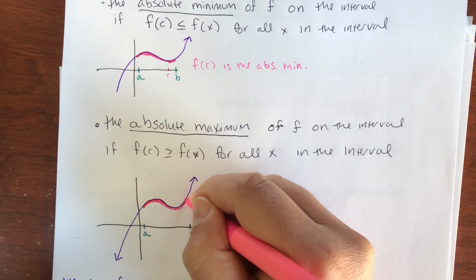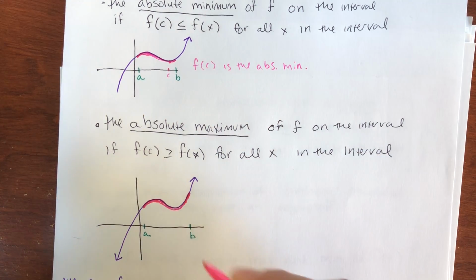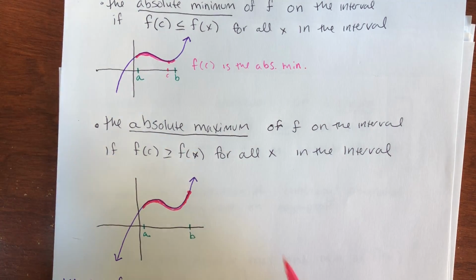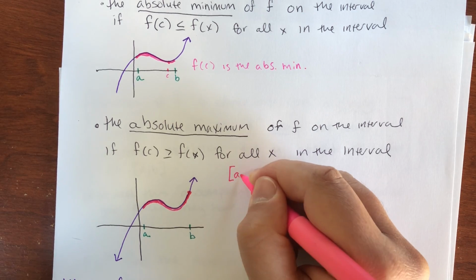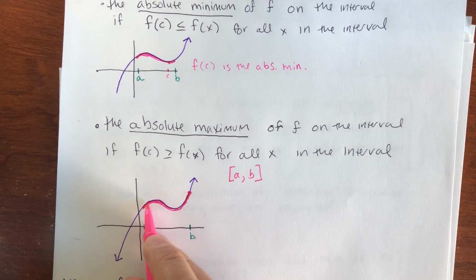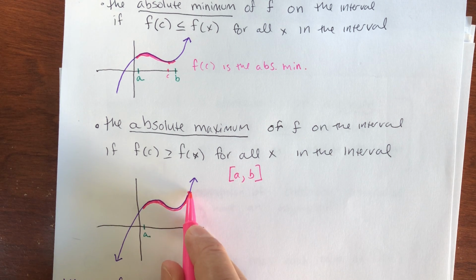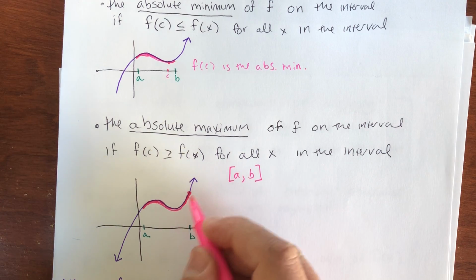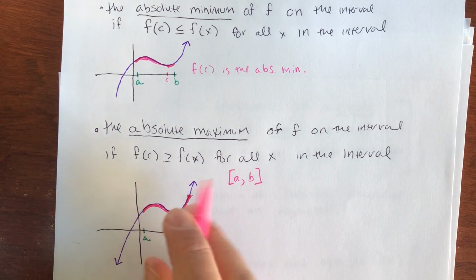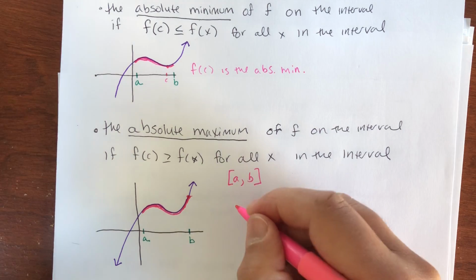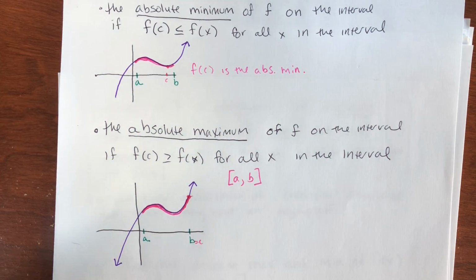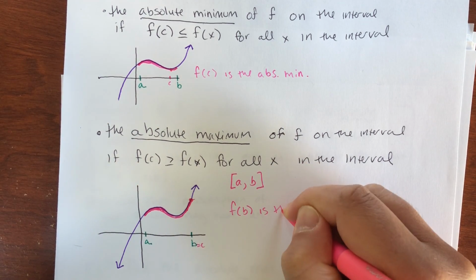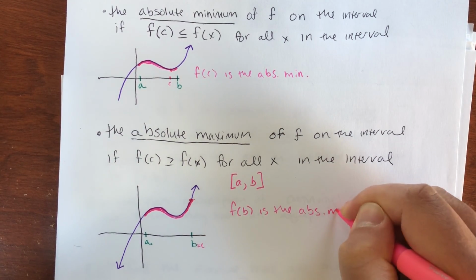It's a little bit hard to tell actually, but if we're including the closed interval, or if we're including the endpoints here, the absolute maximum on this interval would be the output when x is equal to b. This output is higher than any other output on that particular portion of the curve. So the c that we're looking for happens to be the endpoint here. So on this interval, f of b is the absolute maximum.